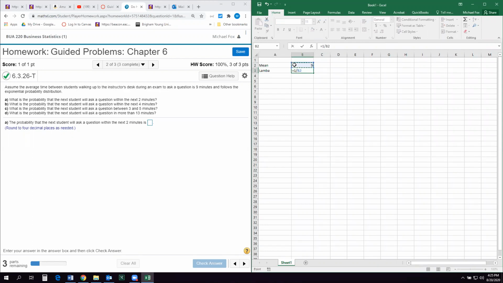So that's not too bad. In fact, it's pretty easy. It's too bad everything isn't that easy in life, because all we have to do is remember that it's 1 over the mean.